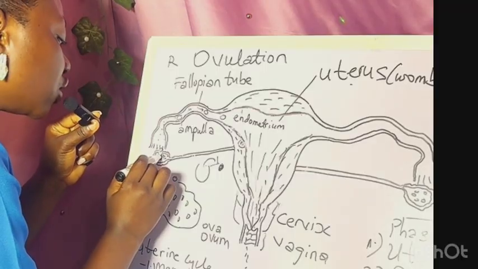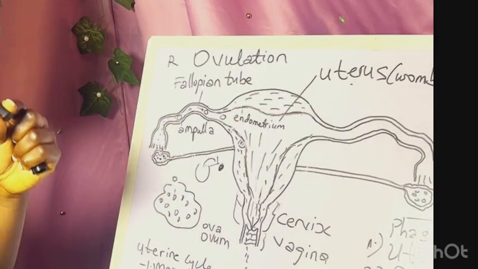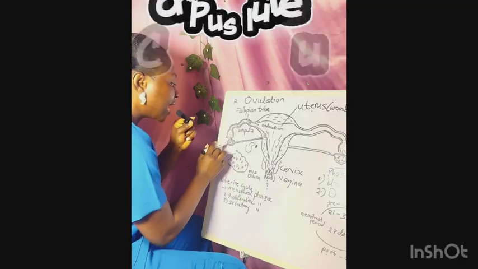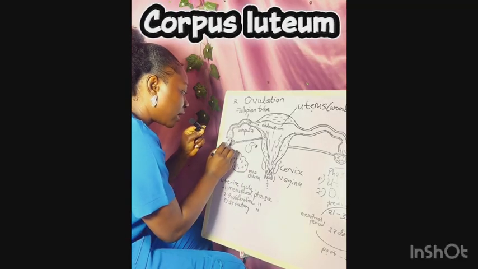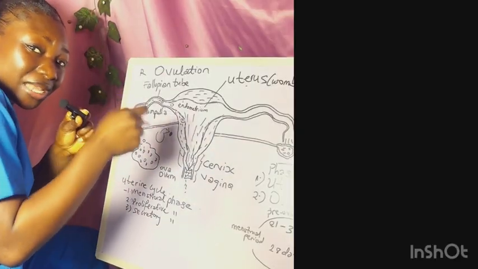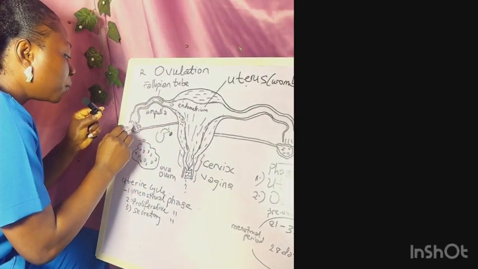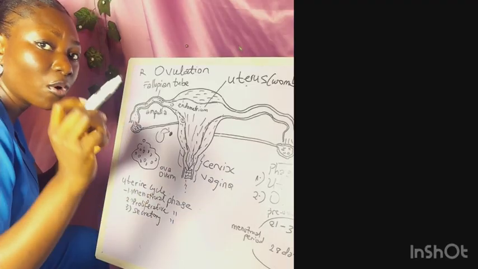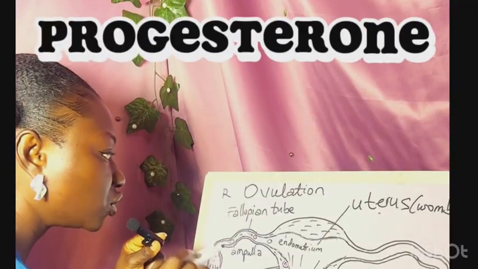Now this remaining eggshell here has its name, corpus luteum. That corpus luteum now, after ovulation, with the hope that this woman will get pregnant, will begin to produce a particular kind of hormone that is called progesterone.